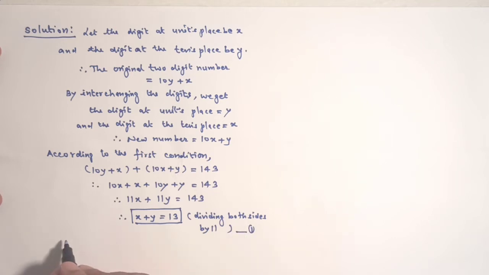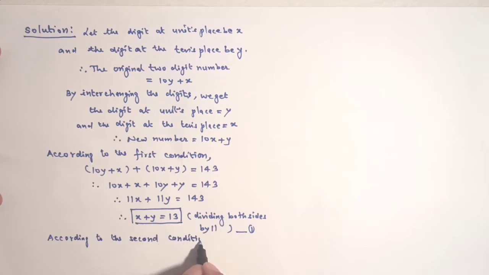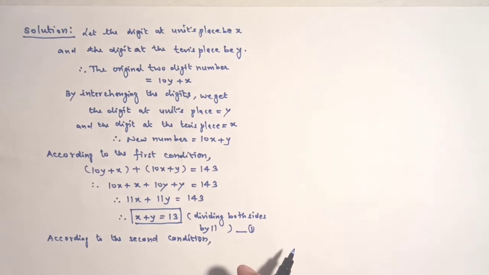Now come to the next condition. According to the second condition, what is the second condition? Second condition says that the digit at unit place is 3 more than the digit at tens place.